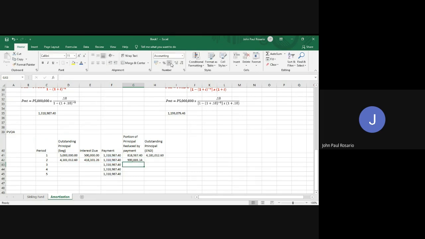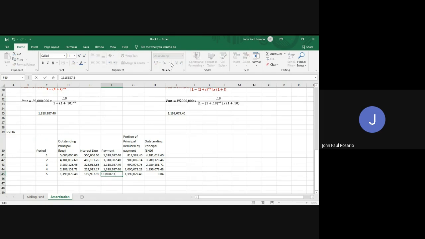Okay, so that's 900, and then our outstanding principal. Now, we copy this all throughout the 5-year period, and then same with this one. So here we reduce our payment here to account for the rounding off.